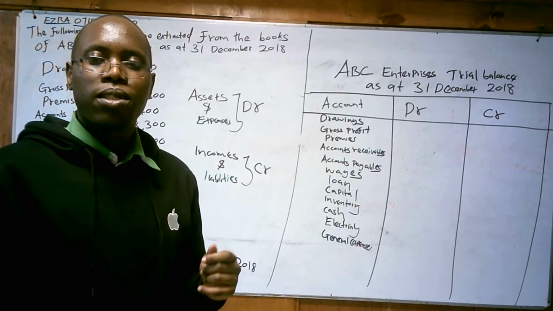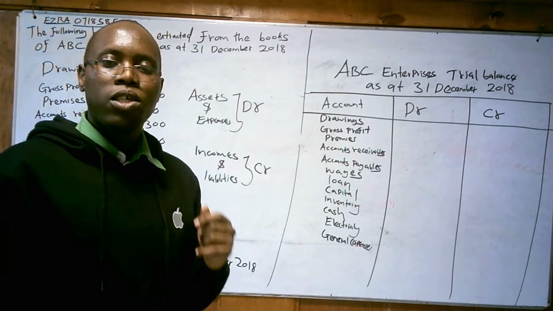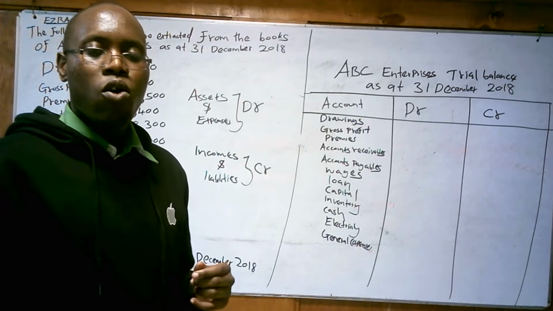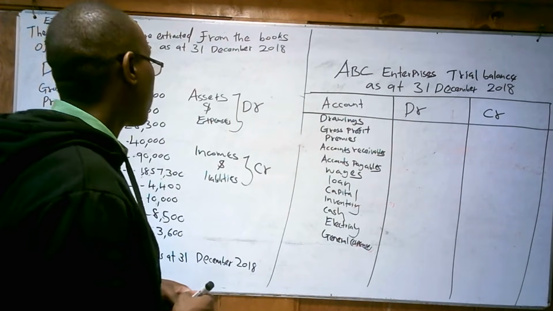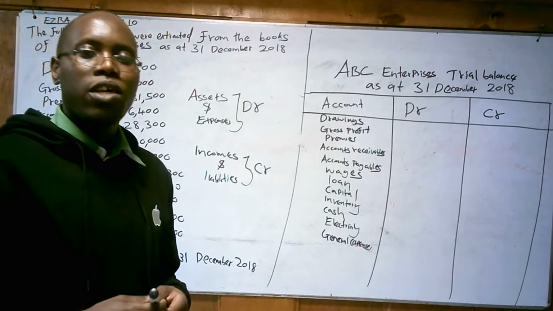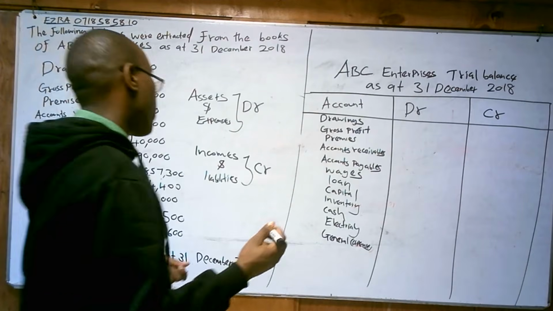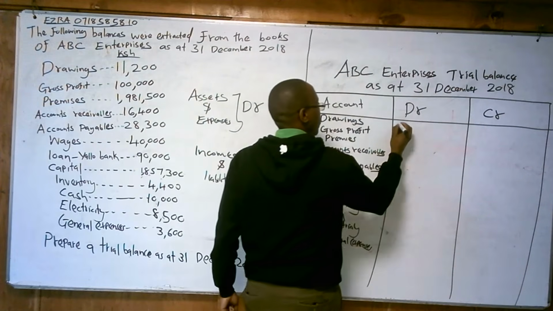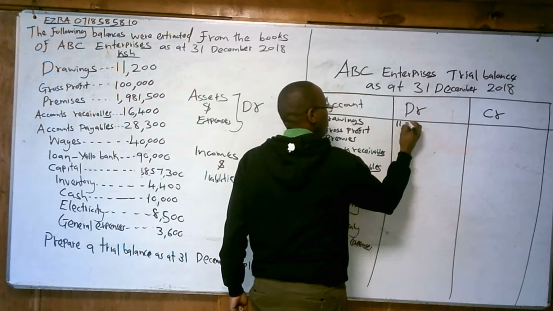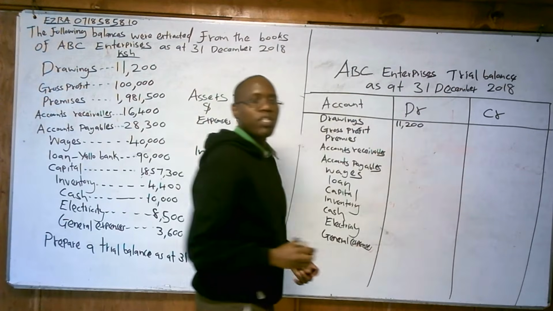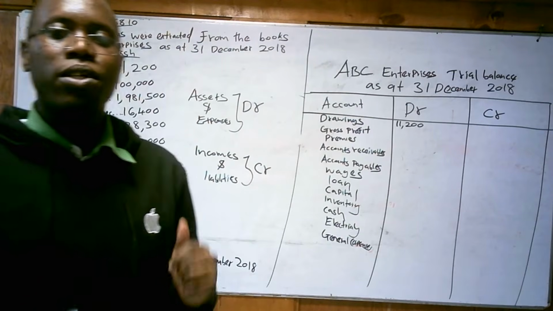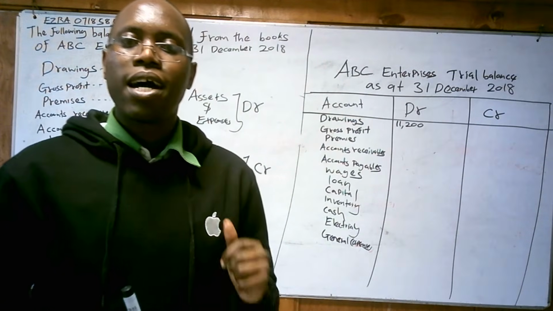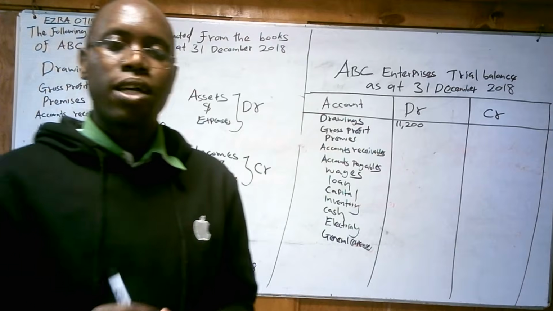Then it means that drawings is going to appear on the debit side of the trial balance. So that amount, which is 11,200, is going to appear here, on the debit side, because drawings are expenses.